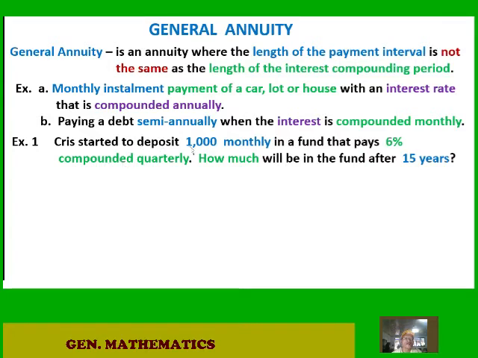Okay, let us have an example. Chris started to deposit 1,000 monthly in a fund that pays 6% compounded quarterly. How much will be in the fund after 15 years? Okay, so 1,000 is deposited monthly. So m is 12.